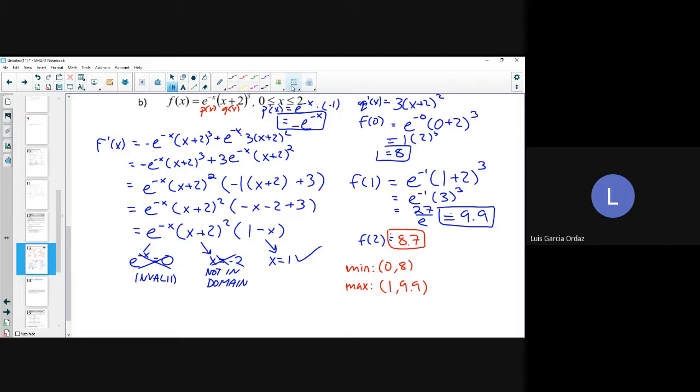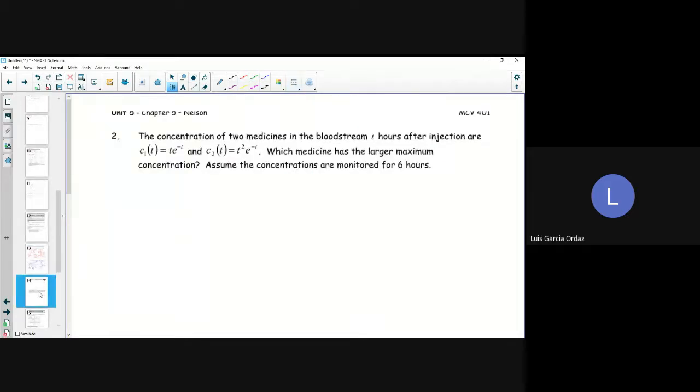So let's move on to the next one. Trying to see if anyone else joined before. I got Joel's here, that's fine. Mackenzie's not here, and who else isn't here? Manroop's not here. So Mackenzie and Manroop are not here. That's fine. All right, let's move on to the next one.